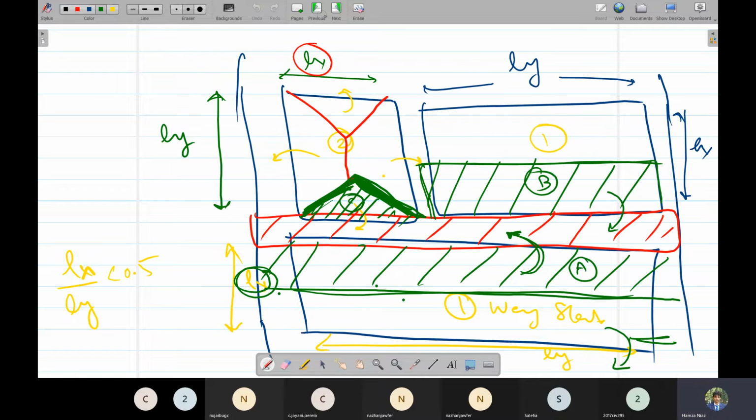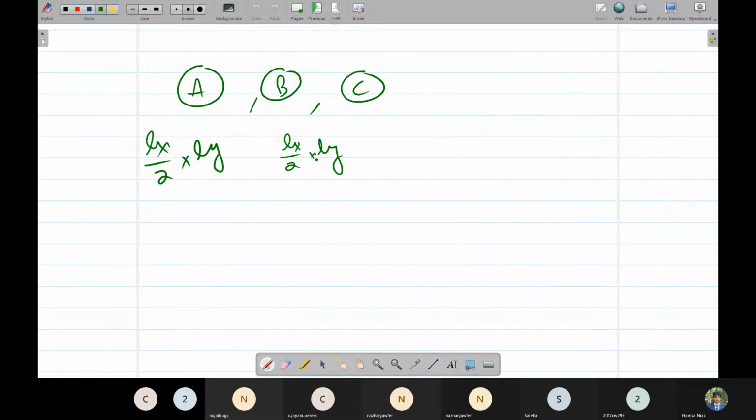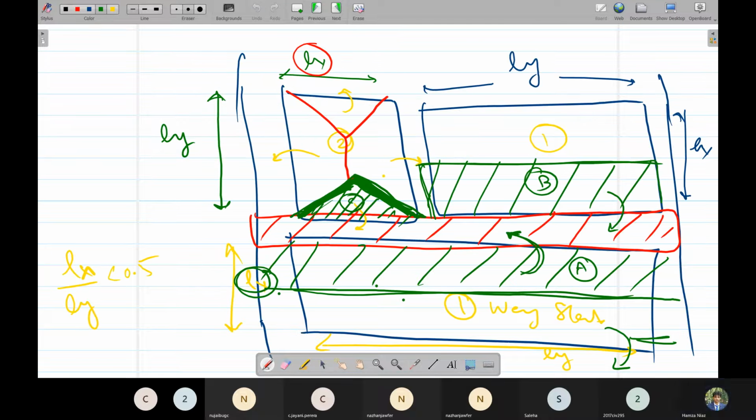And for the C portion, we can calculate this triangular area. This will be half into base into height. So 1 by 2, base is Lx, height is also Lx. Why? Because we are assuming this as a triangular load at 45 degrees, so it would have the same dimensions.